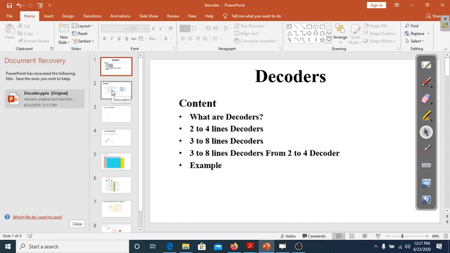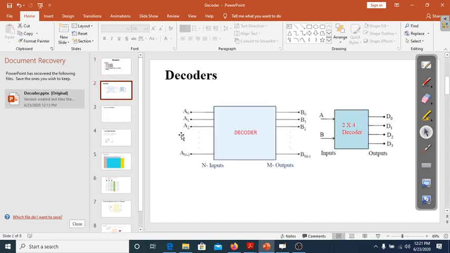Now let us talk about what decoders are. Decoders, in fact, are combinational circuits. These are usually used in medium scale integrated circuits. These convert the binary information into output data.